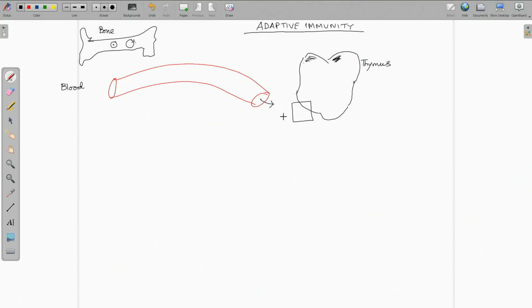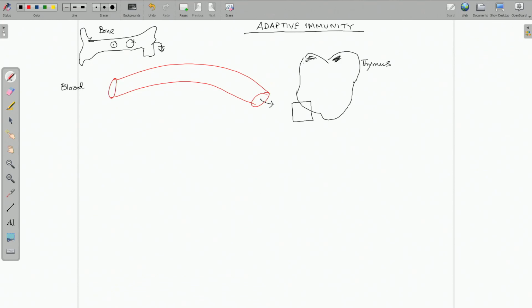Now, these lymphoid precursors leave the bone marrow, enter the bloodstream and migrate. We discussed a little about migration of cells in our lecture on inflammation, mostly the extravasation of neutrophils.